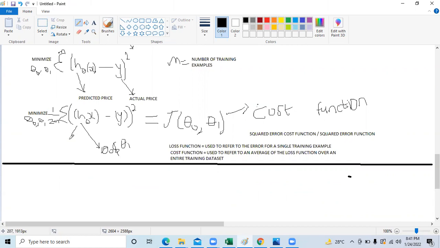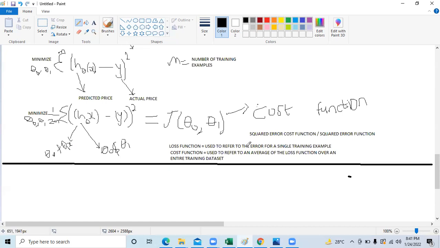And don't forget, h of x is equal to theta 0 plus theta 1 x, minus our actual variable, all squared. So this gives us the minimum value of theta 0 and theta 1.